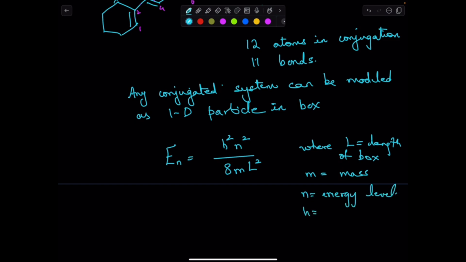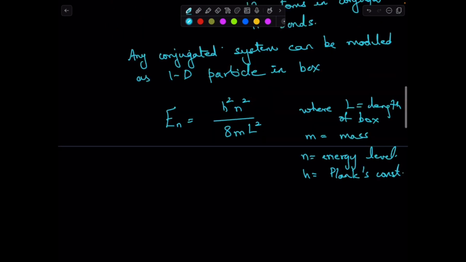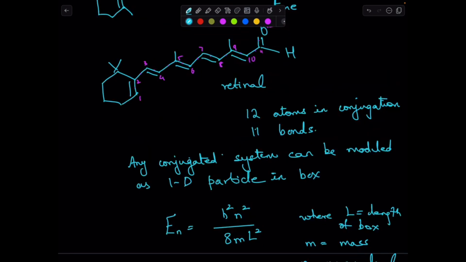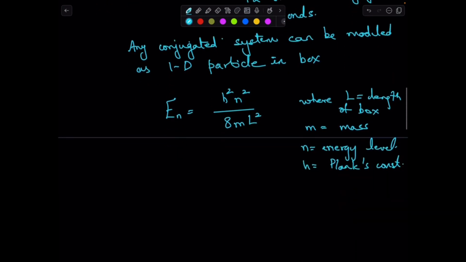And h is Planck's constant. In the ground state of retinal, each level up to n equals 6 is occupied by 2 electrons. We have to find out the separation in energy between the ground state and the first excited state when the electron occupies n equals 7.